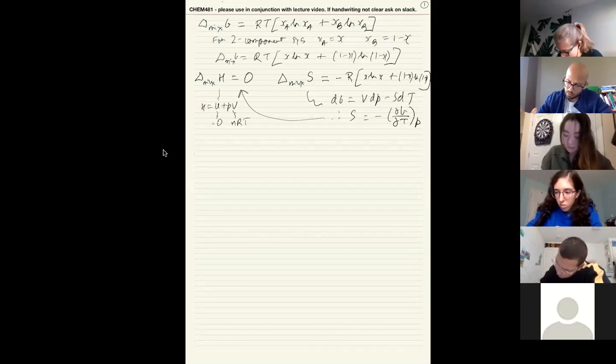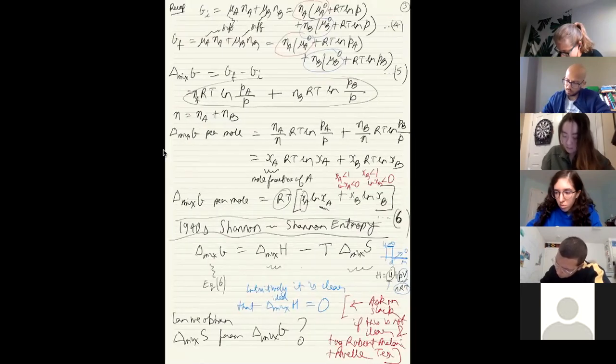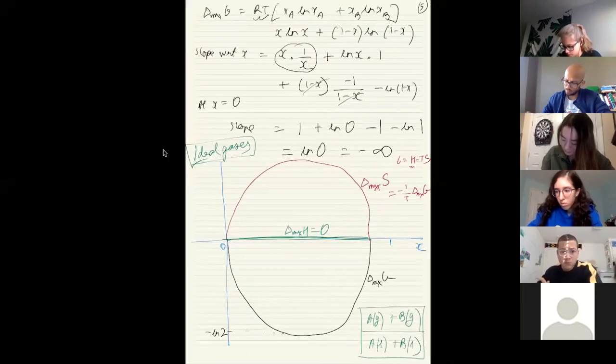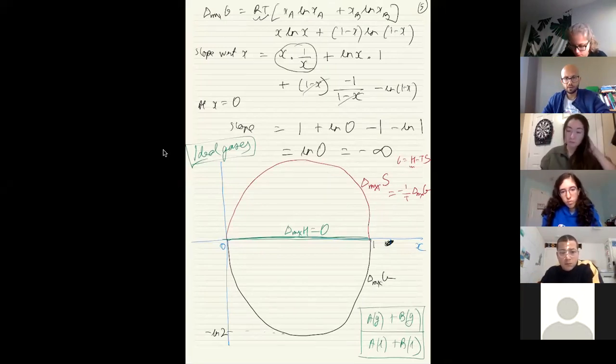And another important thing we did was to plot these things last time. They looked something like this. So we are plotting versus X. And we showed that, well, delta mix H is equal to 0. That's just a boring flat line.